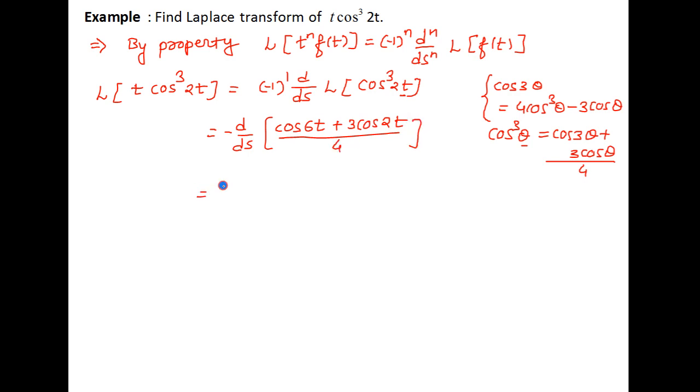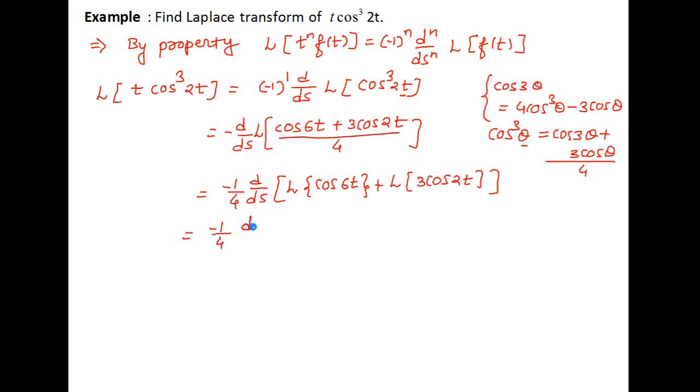And now minus 1 upon 4. 1 upon 4 is a constant with respect to the derivative, we can keep it outside, and we have to take here the Laplace of the term. So d by ds, by the linearity property again, we can separate the Laplace of cos 6t plus Laplace of 3 cos 2t. Okay, and now taking Laplace, d by ds, Laplace of cos 6t using a standard result.